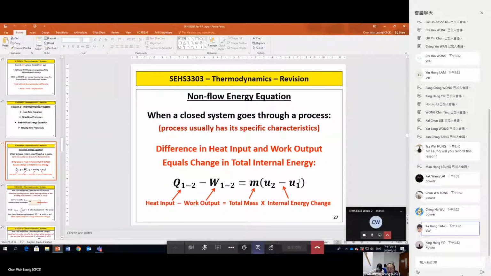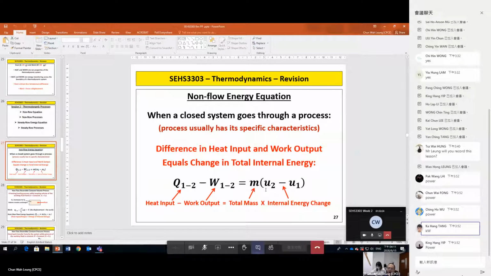For a gas, internal energy U is equal to CV times T, so this side can be rewritten as M CV bracket T2 minus T1. But in that case, the temperature T must be absolute temperature because we are dealing with a gas.